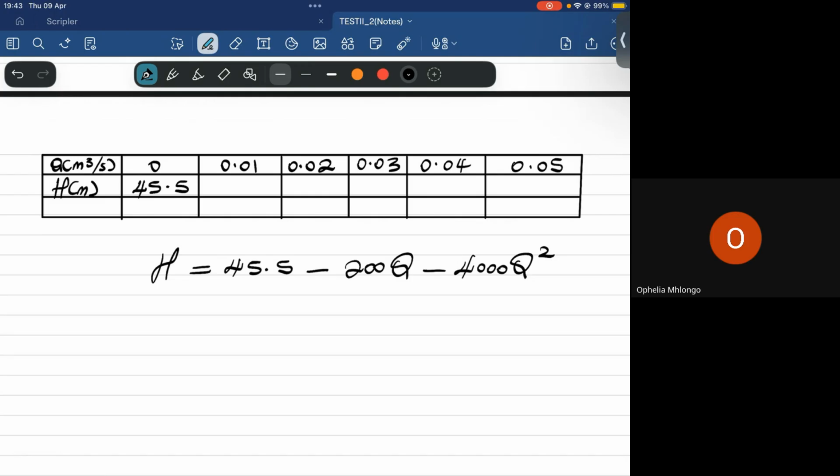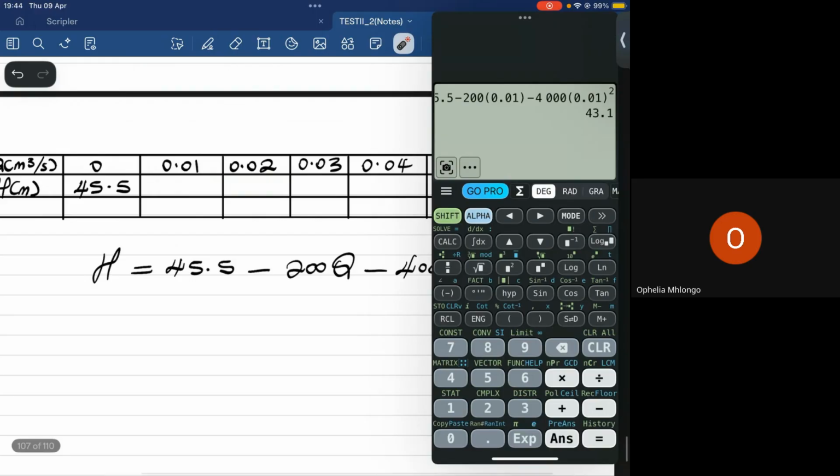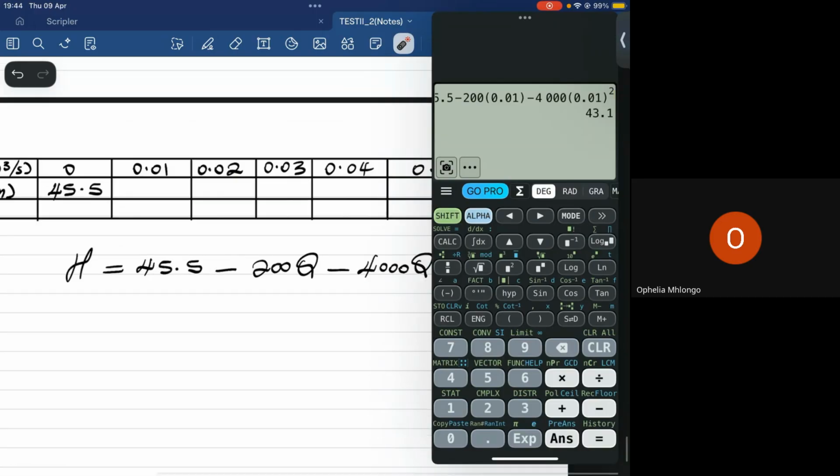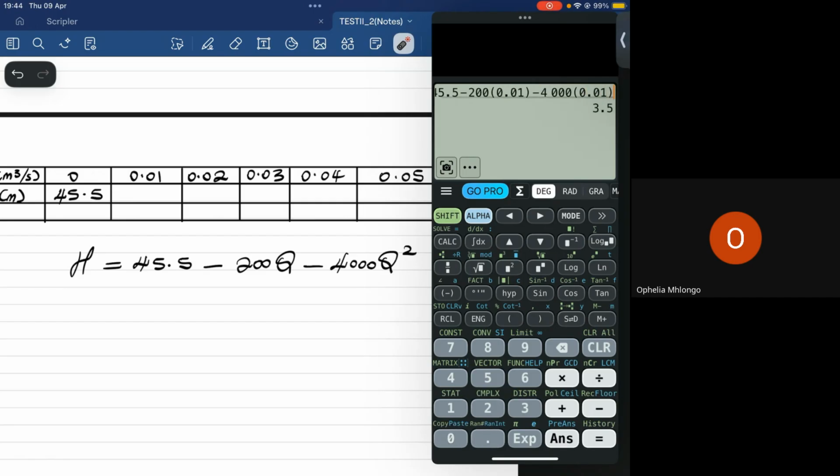Then, in order to find this reading here, we take 0.01 as the volumetric flow rate and substitute it here. So the second reading for the head will be equal to 45.5 minus 200 multiplied by 0.01, and then minus 4,000 multiplied by 0.01 squared.